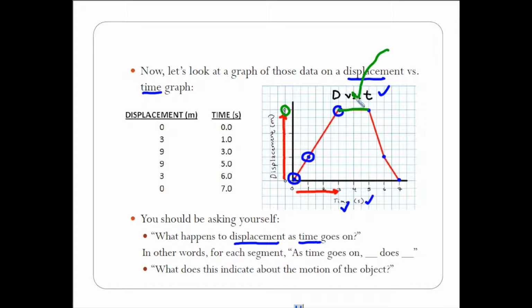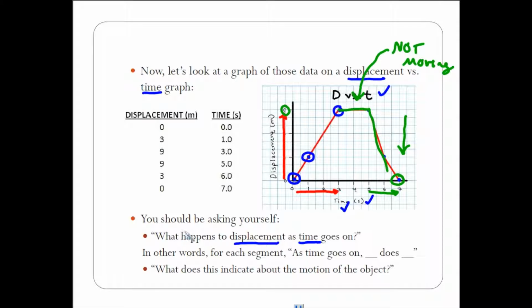It should be quite apparent that at this position, the object is not moving at all. In the next 3 seconds, we see that our displacement decreases, or gets closer to the origin of where we started. As time goes on, my displacement decreases, so there appears to be an indirect and linear relationship between displacement and time. In other words, I'm heading back to where I started.